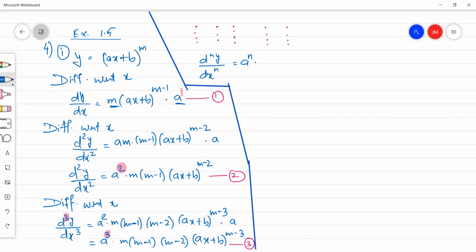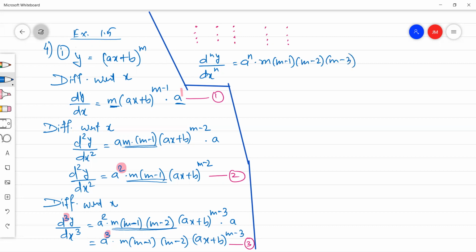Okay. Next. Now next, I understand that m minus 1, m minus 2. See, when I have second order derivative, I have m multiplied with m minus 1. Then for the third order derivative, it is m minus 1, m minus 2. So I understand that it is going in decreasing order, m minus 1, m minus 2.